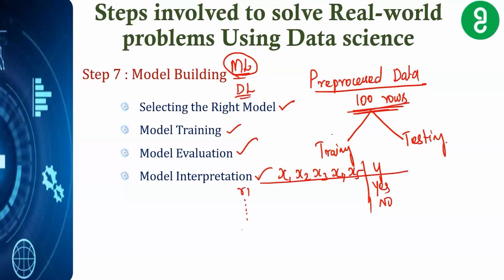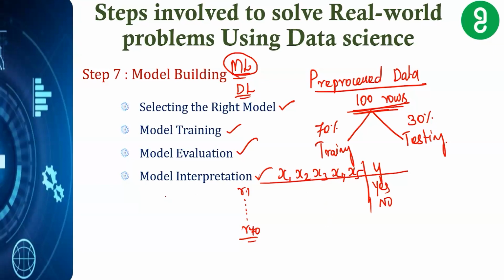For training, I'm using 70% of the data, and for testing, I'm interested in using 30% of the data. Here I have used sequential data, but it will randomly select the data, R1 to R70, and then this information will be passed to the training model.